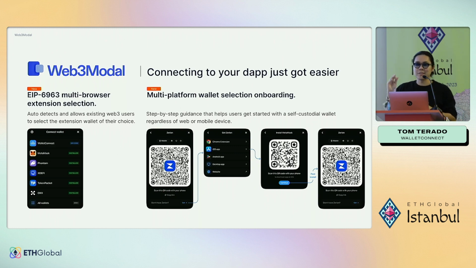If you ever had the whole MetaMask and Phantom wallet cycle, that's over. On the left-hand side of Web3 Modal, you can see that you can choose your injected wallet. That's a cool thing that we've worked on in the open source space to move things forward, and we support several different types of wallets in the space.